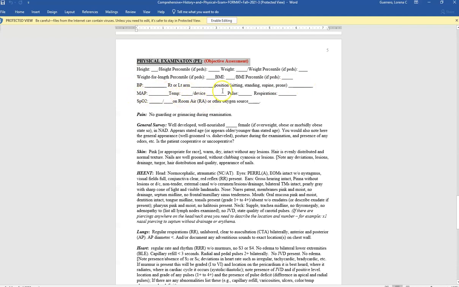Then temperature, how was it taken, pulse, respirations, and what was the pulse ox? Was it on room air or with another type of oxygen source? You would have to put nasal cannula or a mask that was delivering a certain amount of oxygen, okay?